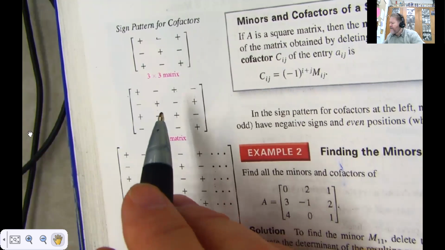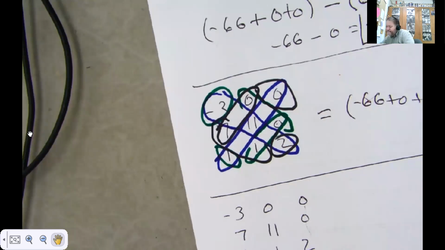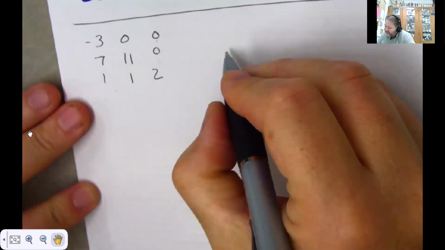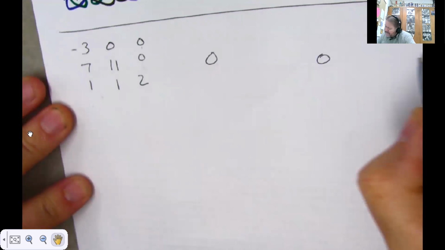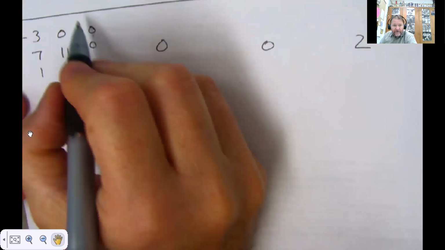Okay, so here we go. Once you understand this sign chart, we're going to put down every single one of those numbers that we have here. It's going to be 0, 0, 0, 0, 2.